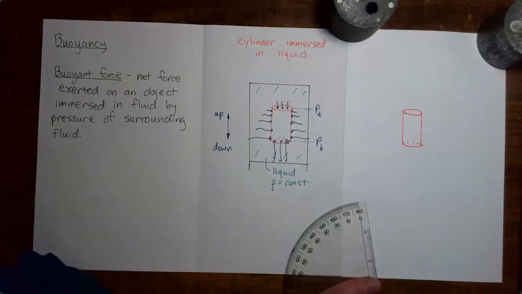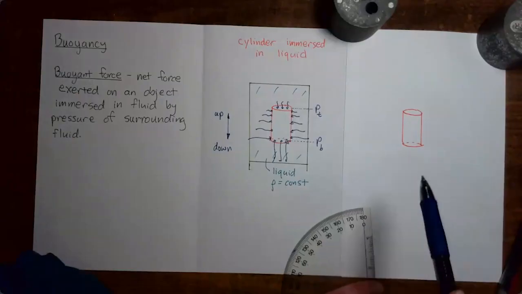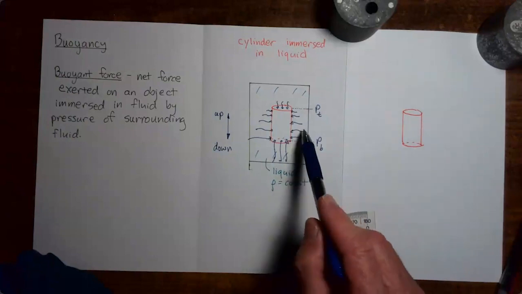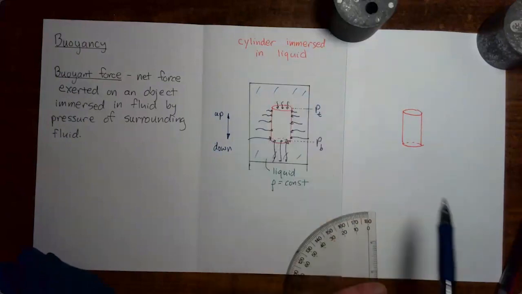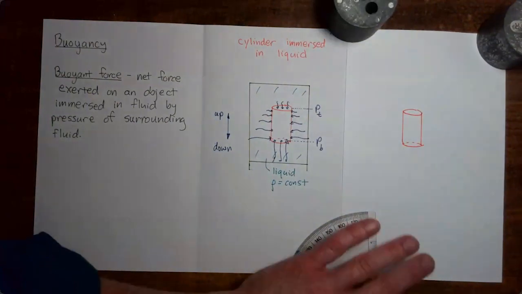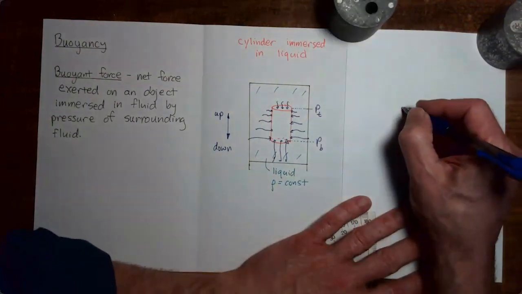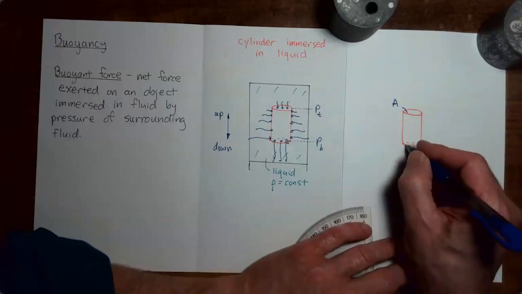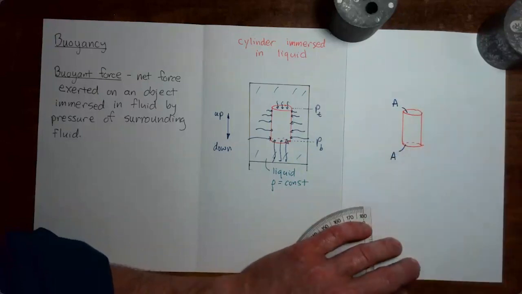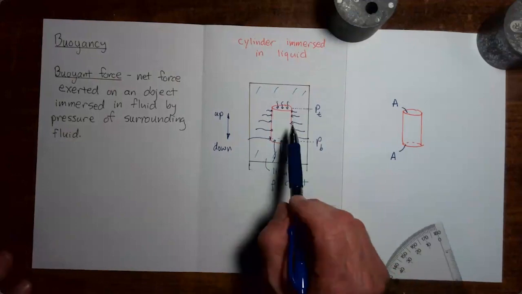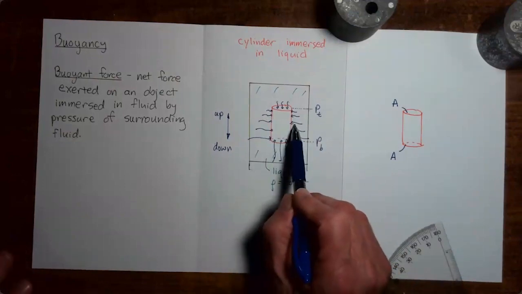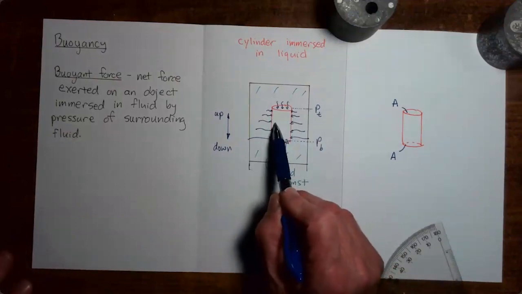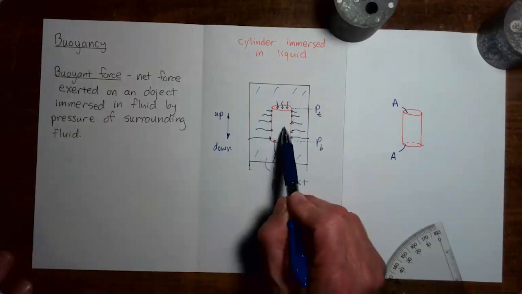Now, suppose that we wanted to determine the net force that the surrounding fluid pressure exerts on this cylinder. It would help to know the area of that circular face of the cylinder up here, and it would be the same area down here. Can you tell that the net force that the fluid pressure exerts on this curved surface of the cylinder is zero, right?